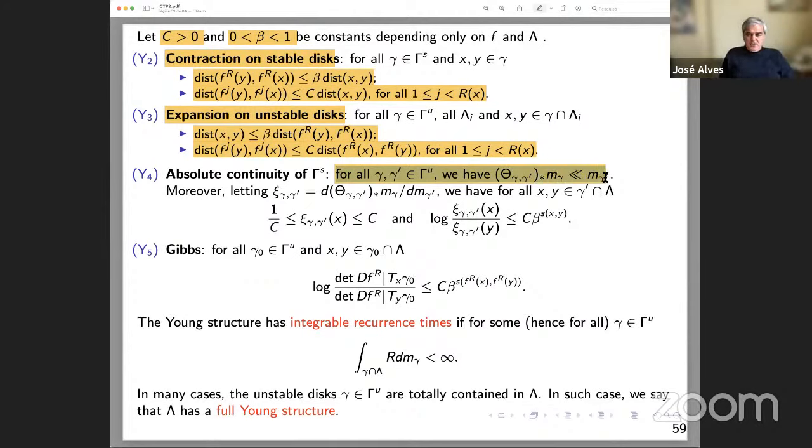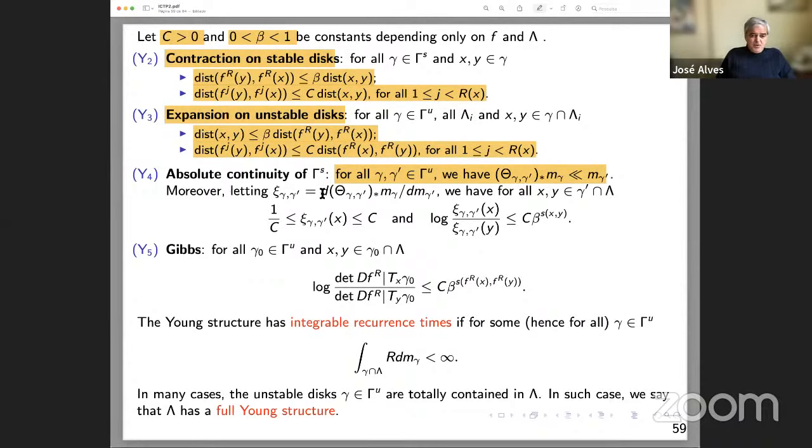This condition says that the push forward of the Lebesgue measure, above or below, depending on where you represent the disks gamma and gamma prime, on gamma is absolutely continuous with respect to Lebesgue measure on gamma prime. This is the usual absolute continuity property, but we need some regularity of these holonomies. This is an important property that we need to impose. And the regularity is this one.